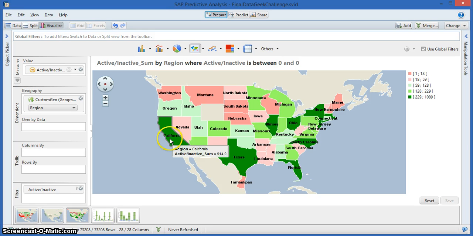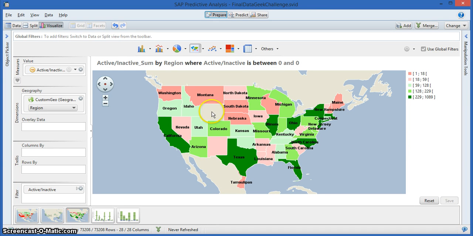So in order to target more active customers, we want to send out flyers to those in California, Texas, Illinois, Ohio, New York, Massachusetts, New Jersey, North Carolina, and Florida. And by targeting these active customers multiple times, we can definitely increase our profitability, because our flyers won't be wasted, because these consumers will continue to donate to our charity.